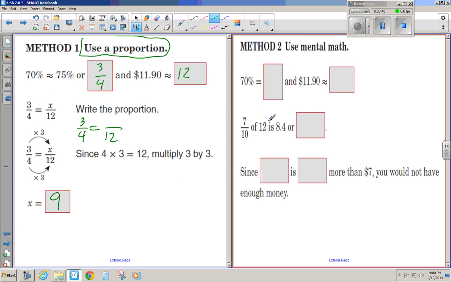Method 2 would be exactly what we just did. 70% is 7/10. That's $12. 7/10 of 12 is 8.4, or $8.40.